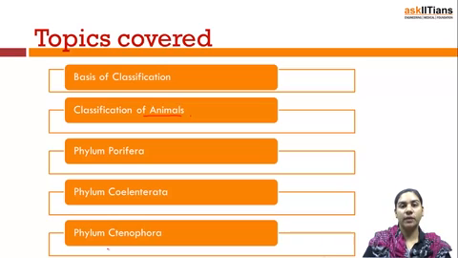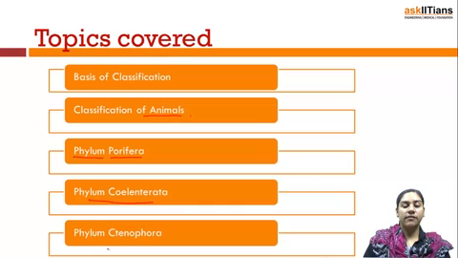These high-level groupings are called phyla, and there are 10 phyla into which the animal kingdom has been divided. The first phylum is Porifera, in which you will find all the cellular level of organization animals, and these are the sponges. The next is the phylum Coelenterata, and these animals include Hydra, etc.